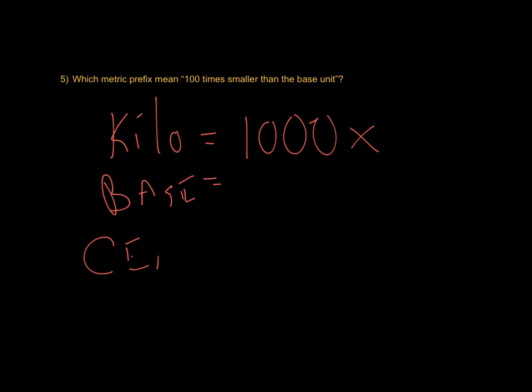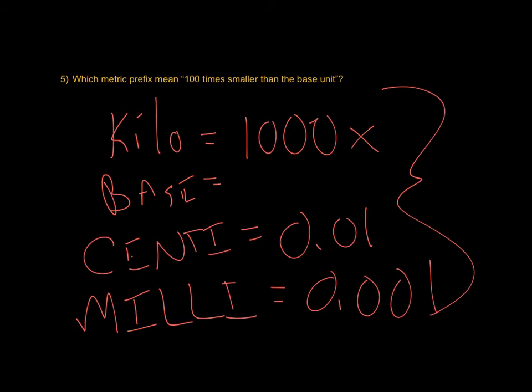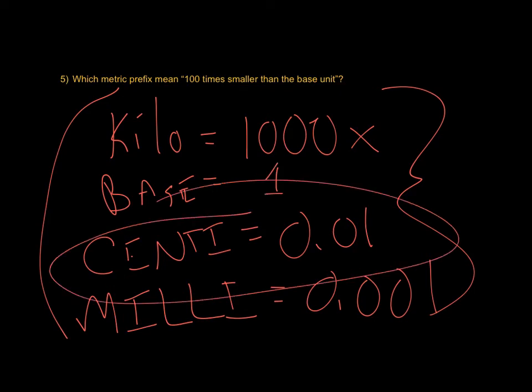Centi means 100 times smaller, which is the answer to this question, so 0.01. And then milli is 1,000 times smaller, 0.001. So you are responsible for knowing those prefixes, kilo, centi, milli, and then obviously the base unit is equal to 1. So the answer there was 0.01, centi.